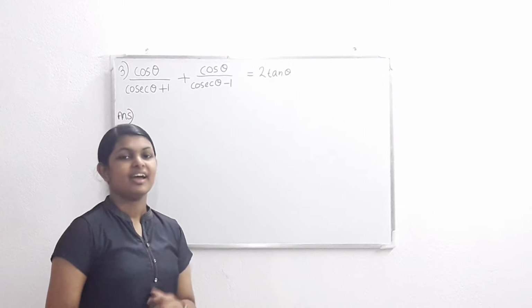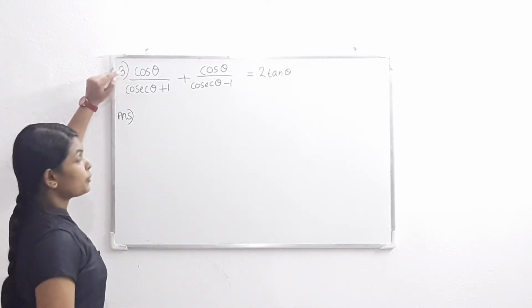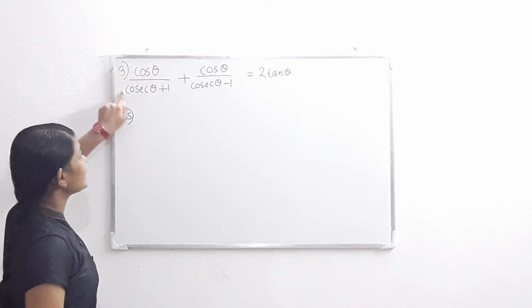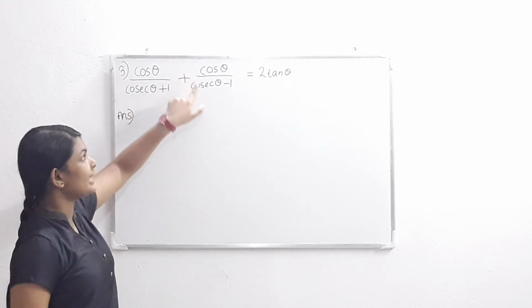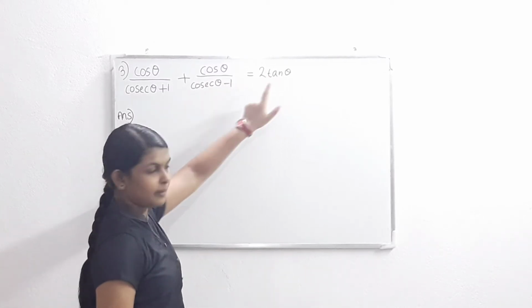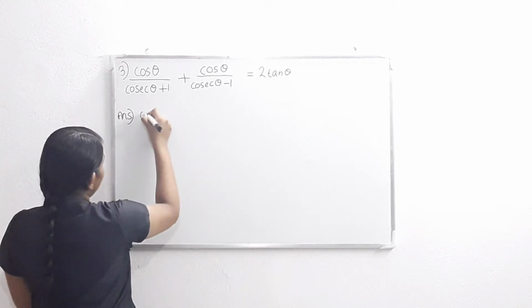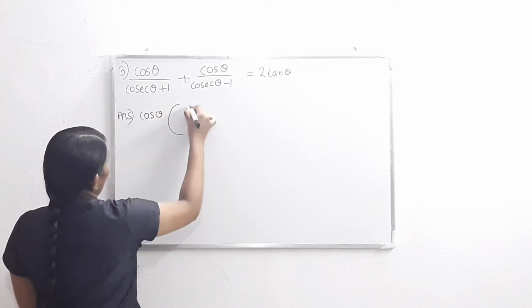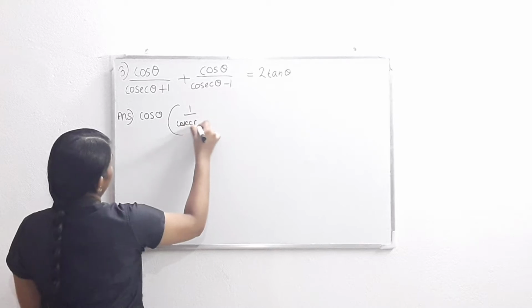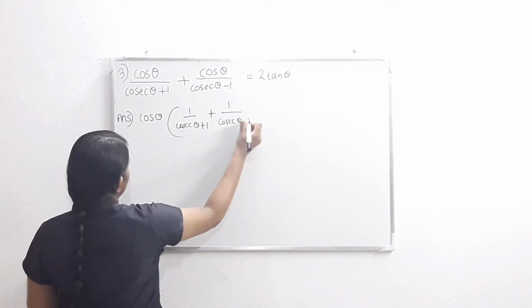Now we can discuss the third question. The third question is to prove that cos theta divided by cosec theta plus 1, plus cos theta divided by cosec theta minus 1, is equal to 2 tan theta. From this question we can take cos theta common. So cos theta can be taken outside into 1 by cosec theta plus 1 plus 1 by cosec theta minus 1.